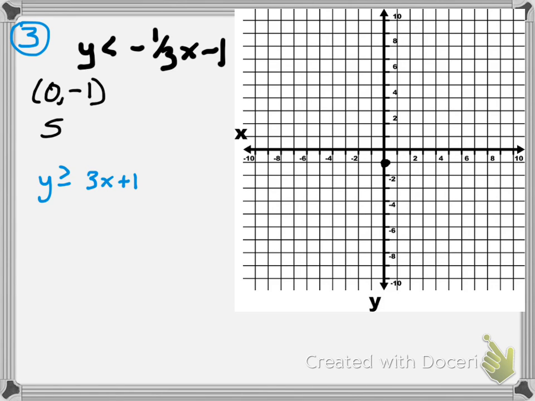And my slope would be -1/3. That means I have a negative slope, so I either go down and to the right or up and to the left. So down 1 over 3.